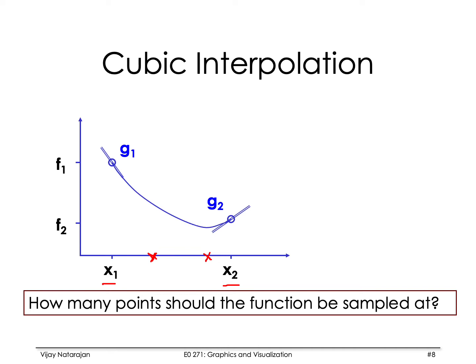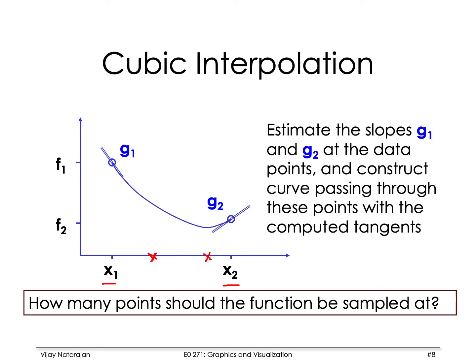An alternate way to define uniquely a cubic interpolant is to sample the function at x1 and x2, but in addition to have an estimate of the slopes at these 2 points x1 and x2. So if you assume that the blue curve here is the cubic interpolant, what we are saying is that we would like an estimate of the tangent at this particular point to the cubic interpolant.